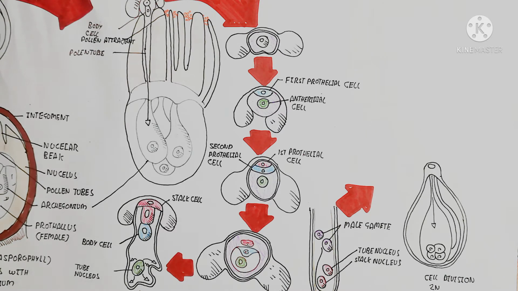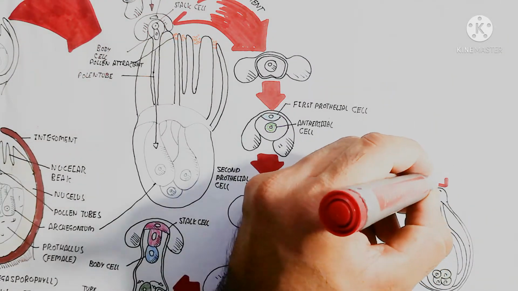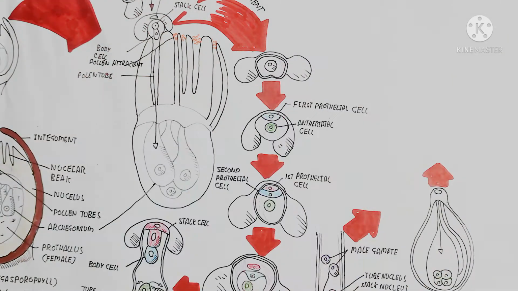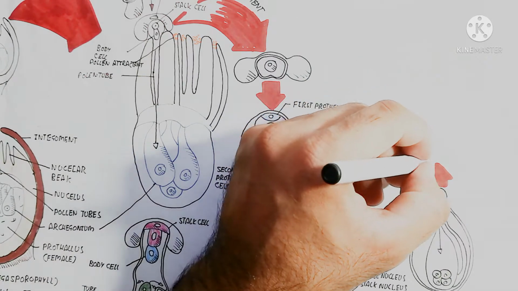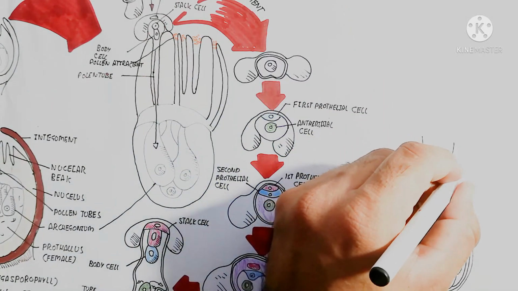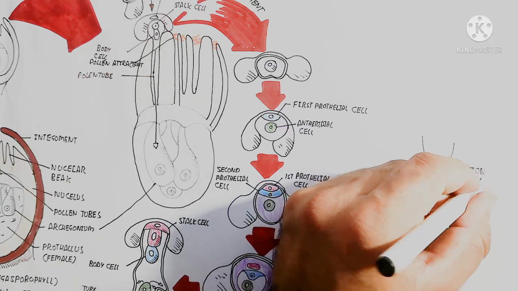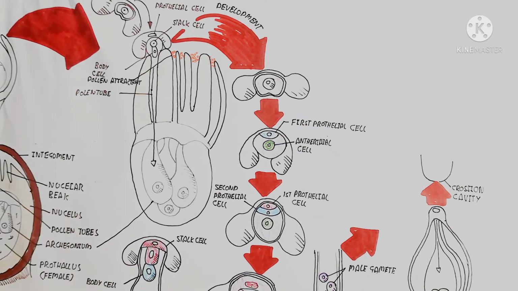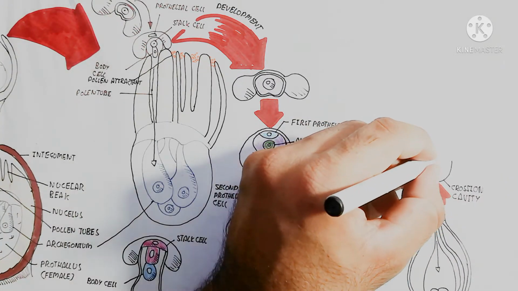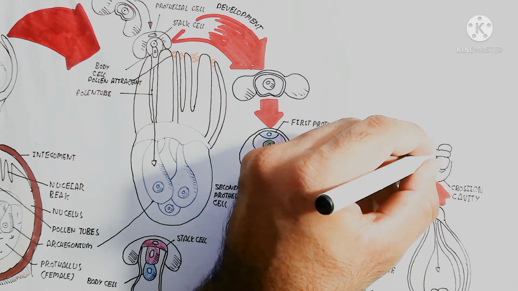Tetrads are four cells, and the anterior part is known as the embryo initial. So this embryo initial is used for the initiation and moves forward due to the elongation and division of the initial cell.